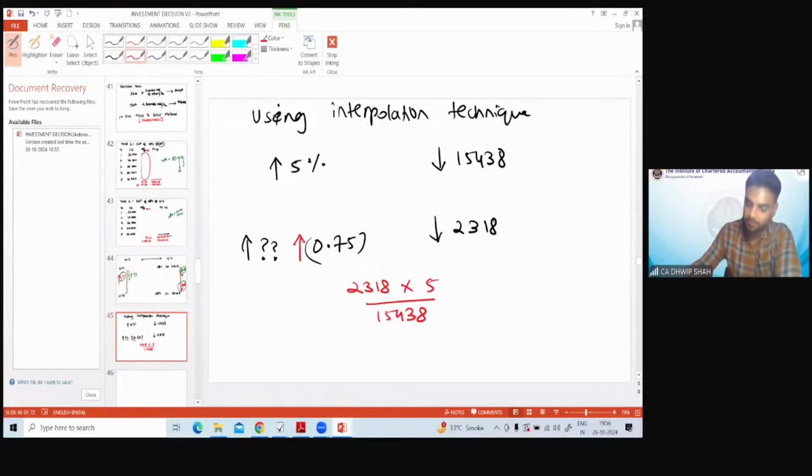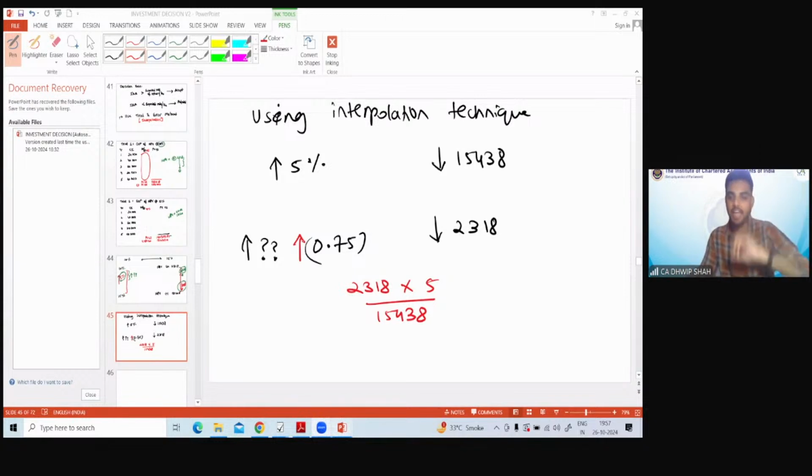Are you following, everyone? We are using the interpolation technique. By increasing the discounting rate by 5%, my NPV drastically fell by 15,438, but I'm not concerned with that amount. I just want it to fall by 2,318.